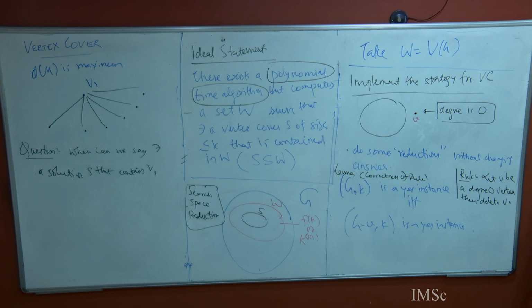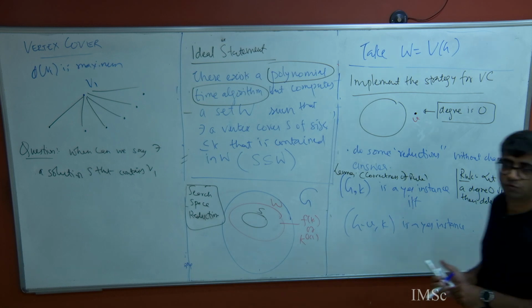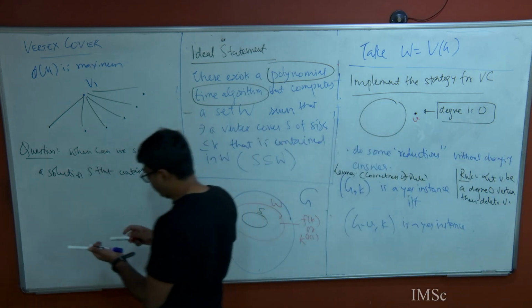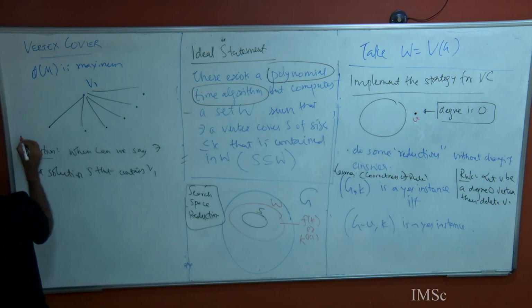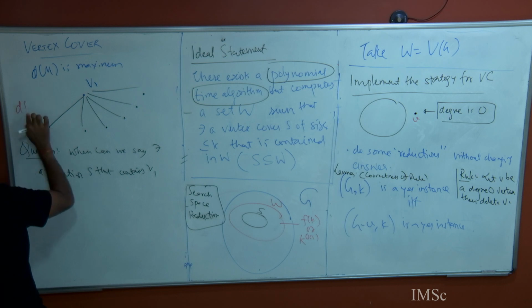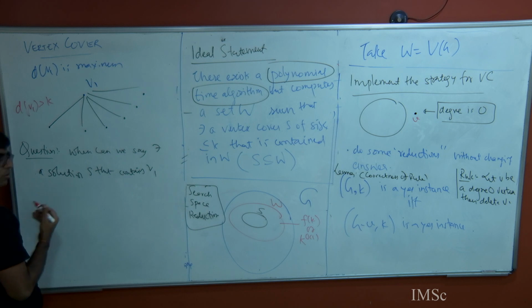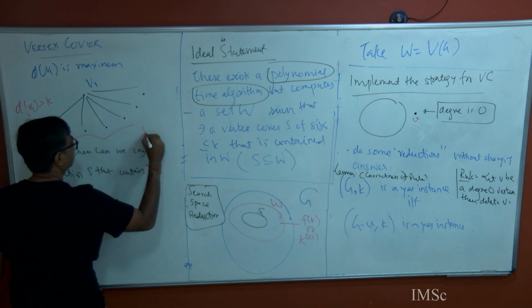It is not necessary that a highest degree vertex must belong to my solution, but maybe there are some situations where it could. So what Ajay is saying is that suppose degree of V1 is greater than K. It has at least K plus 1 neighbors.